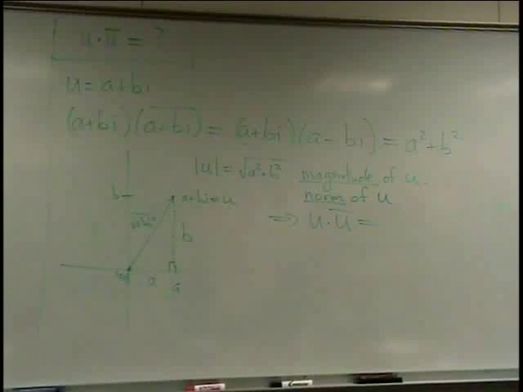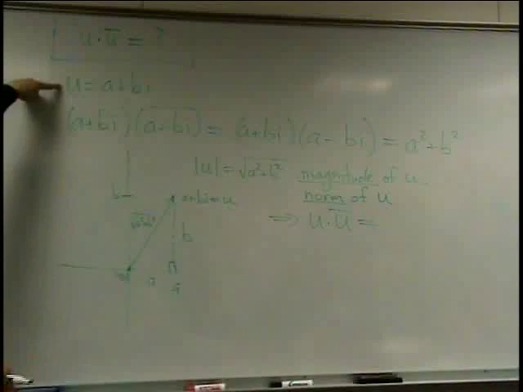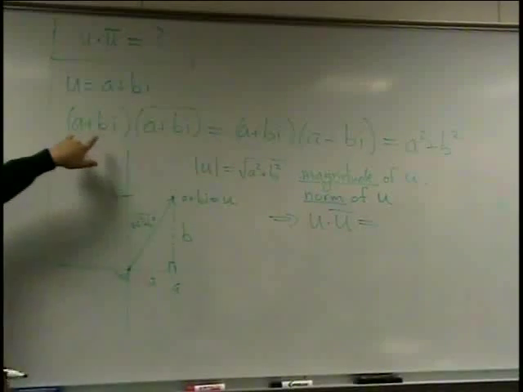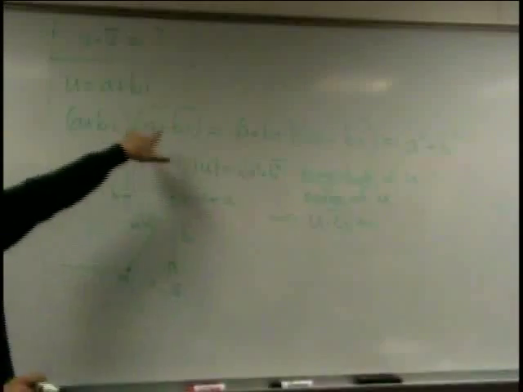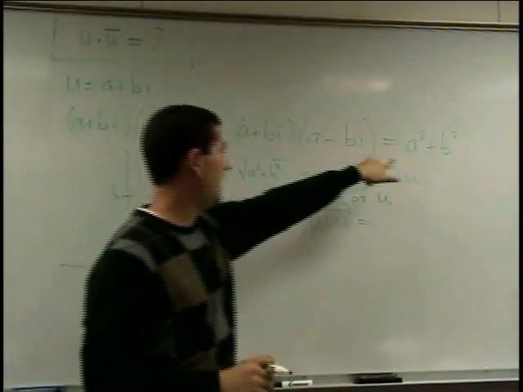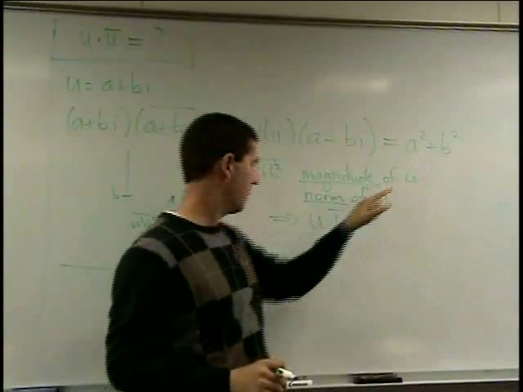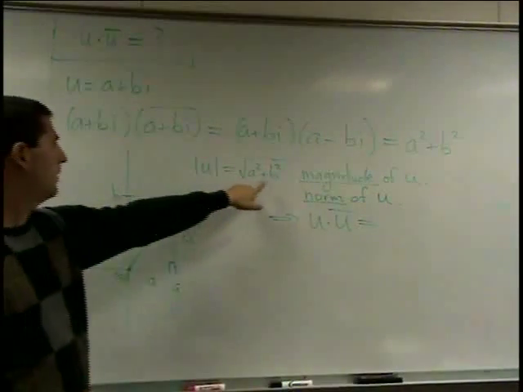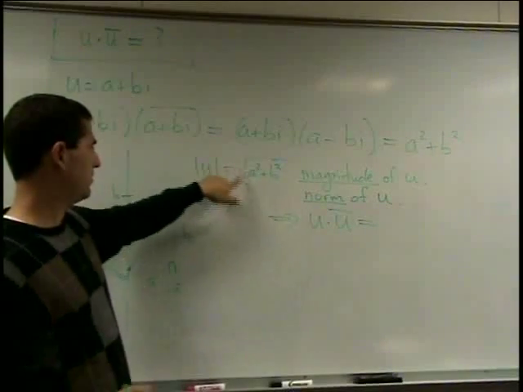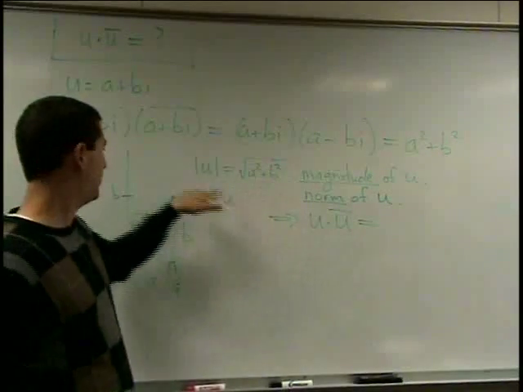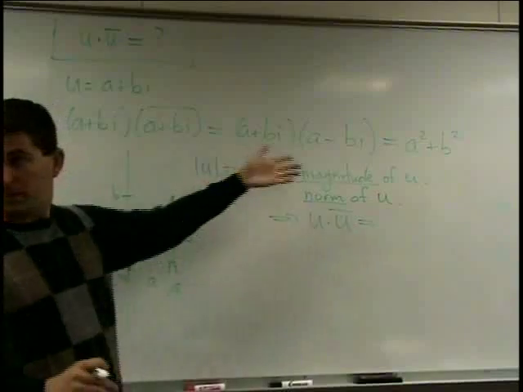What is it? Well, remember we did this computation. If we write u in this way, and we do u times u bar, then we get a squared plus b squared. And here's our a squared plus b squared, it's got a square root on it. So if we square this, we get exactly that.